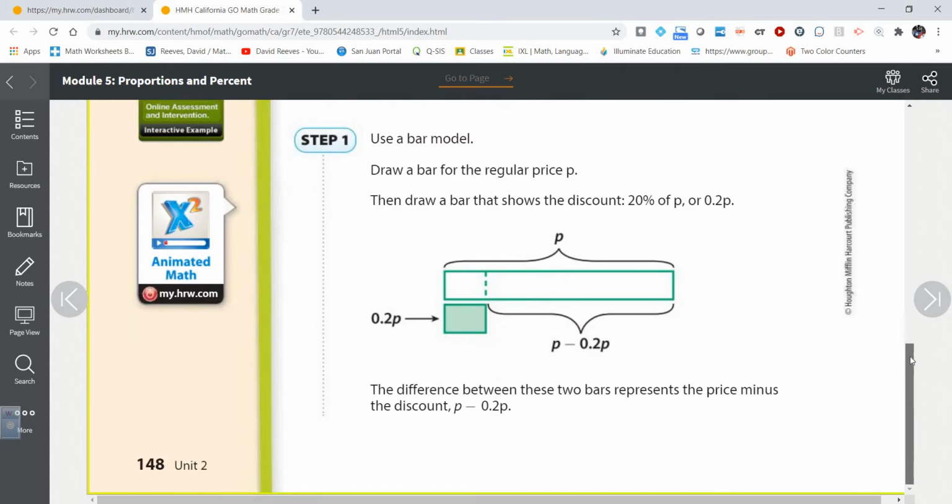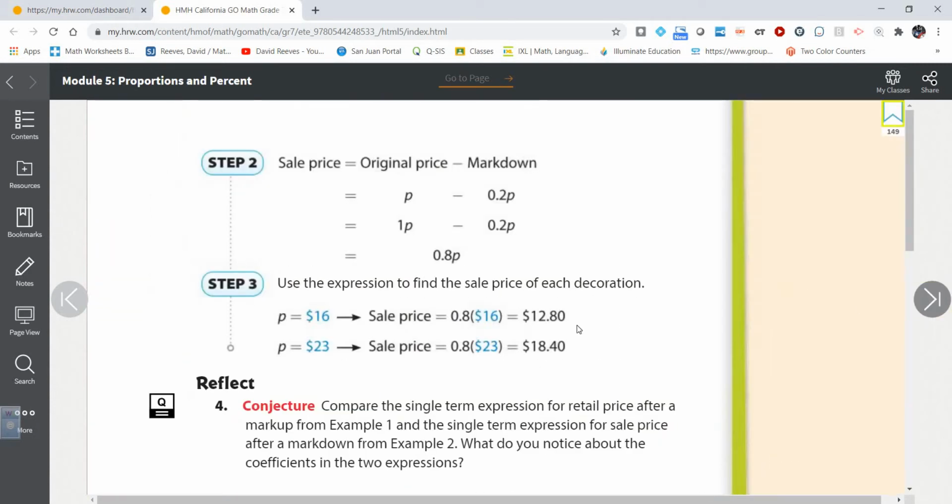Then in the next video, we actually put some numbers in for those variables, and we multiplied by that percent written as a decimal, and we found what the discount price was in the case of a markdown, or the retail price in the case of a markup.